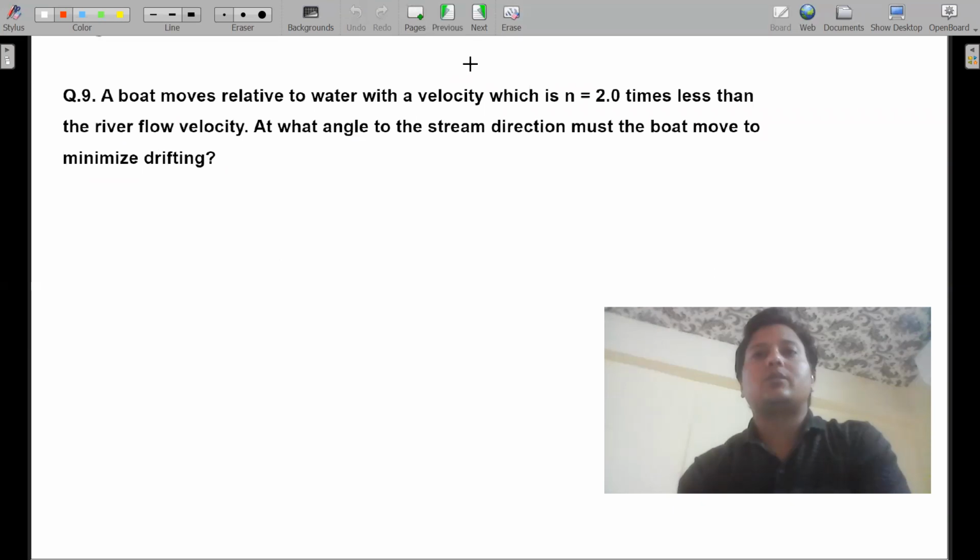What is question number 9? Question number 9 says a boat moves relative to water with a velocity which is 2 times less than the river flow velocity.